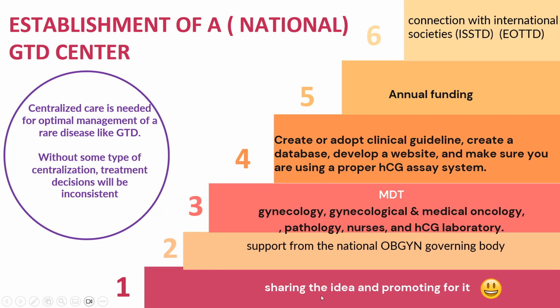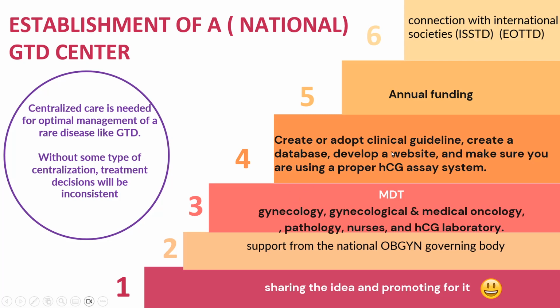Step number one is sharing the idea and promoting it, and this is what I'm doing for now. Step number two is to find support from the national OBGYN governing body. Step number three is to set up a multidisciplinary team of gynecologists, gynecological and medical oncologists, oncology surgeons, pathologists, nurses, and HCG laboratories.